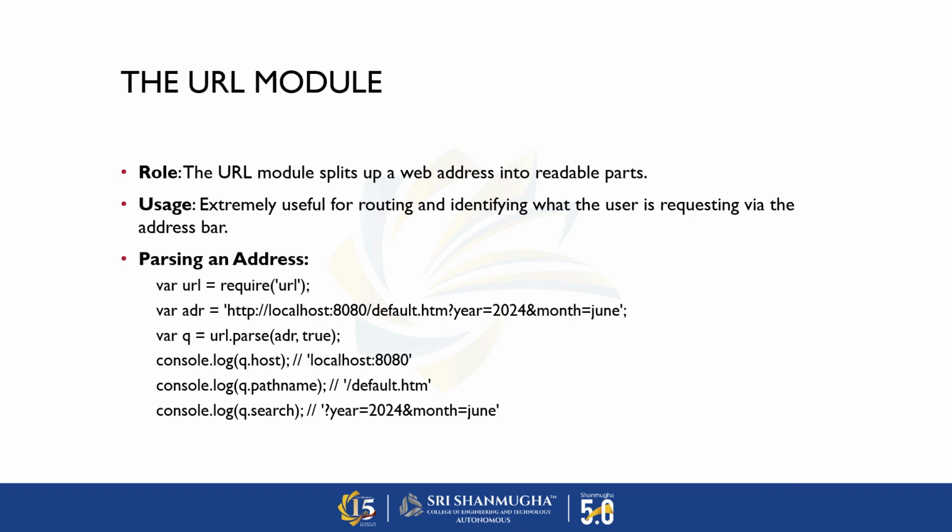So this is how we parse an address from the URL. First, we will be importing the URL module using the require function, and we will be parsing the address, and we are displaying that in the console.